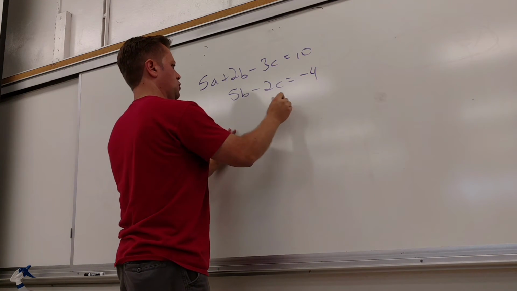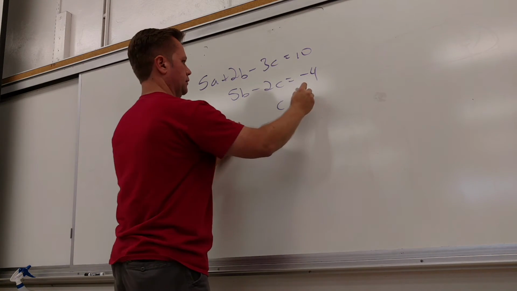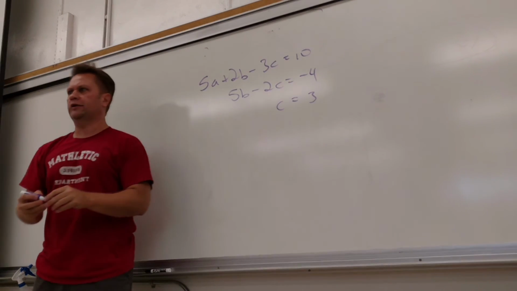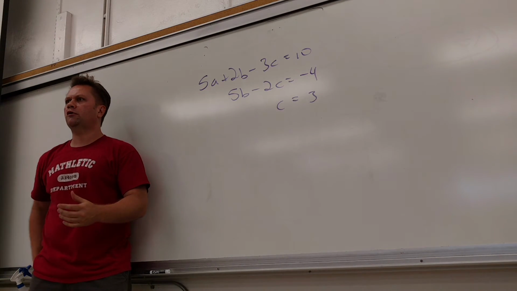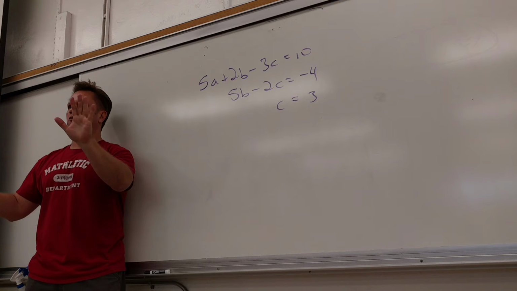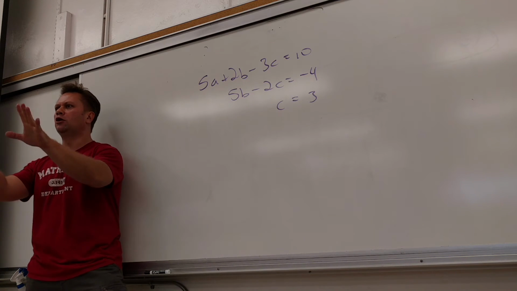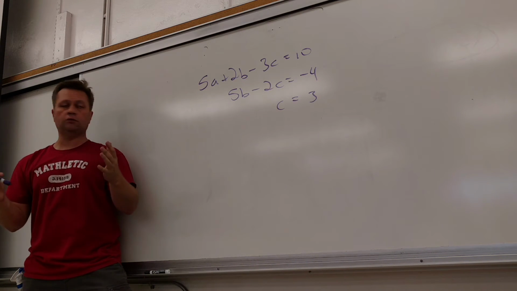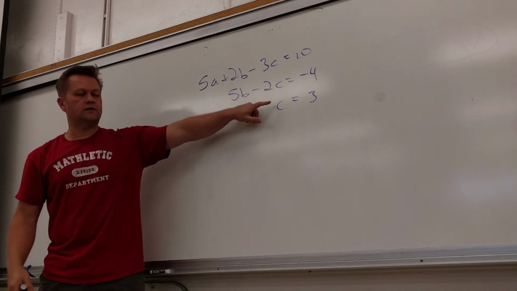But anytime you have blanks, that's an awesome place to be. It's like somebody's already done some of the work for me. So what do I know for sure? What's a total known? C is 3. I know C is 3. So this is the domino thing.